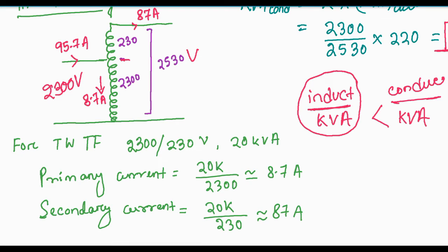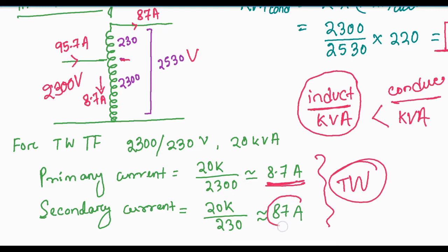Primary current will be kVA rating by voltage: 20 kVA by 2300, which is nearly equal to 8.7 ampere. This is primary. And secondary current, this is for the two winding transformer, will be 20 kVA by 230 volt, which is equal to 87 ampere.